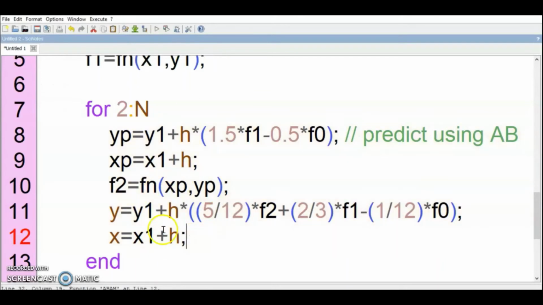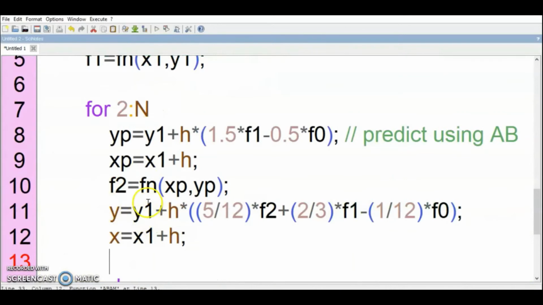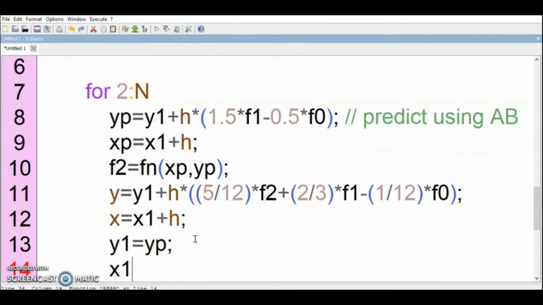Obviously, I'm repeating here, right? That's okay. I just want to make sure we can clean up the code later on. Since I'm using so many different terms here, my y1, yp, I need to update them. My new y1 is my y predict, and the new x1 is my x predict.